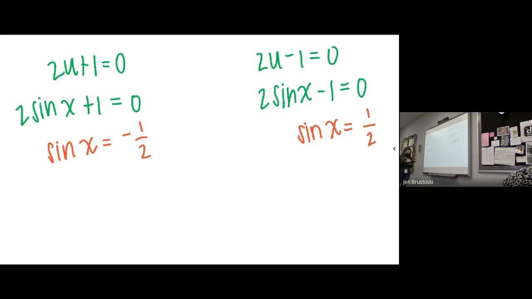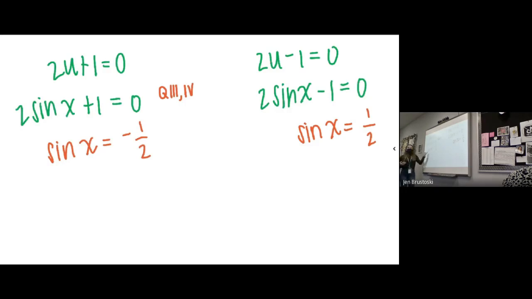Okay, so sine is negative in quadrants, what? 3, and what else? 4, very good. Okay, so in quadrants 3 and 4, sine is negative.